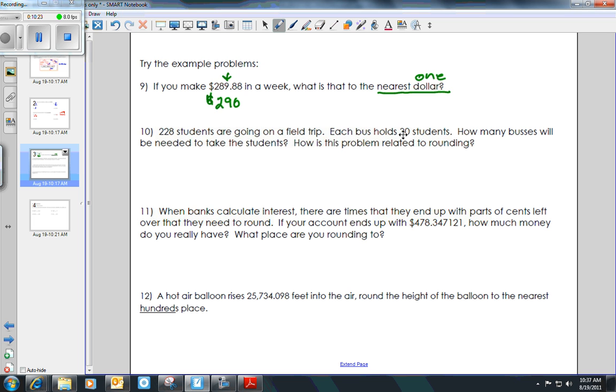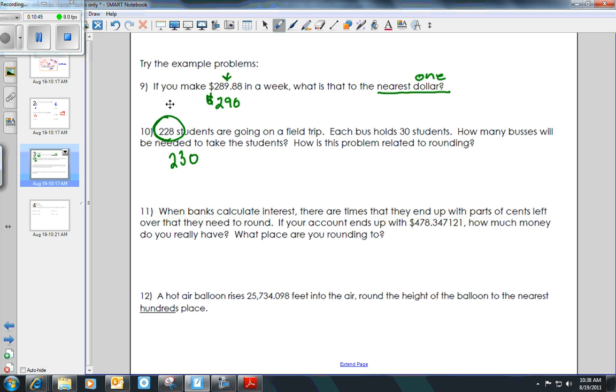If we want to estimate, about how many students are there? Well, we would have to take a look at 228, and that's pretty close to 230. So that's rounding. We're rounding up. We're real close to 230, not so close to 220.